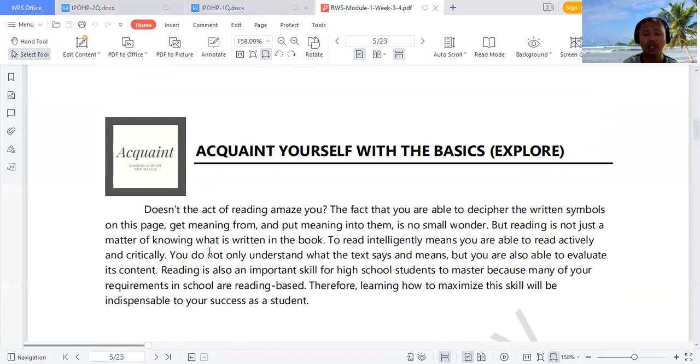You do not only understand what the text says and means, but you are also able to evaluate its content. Reading is also an important skill for high school students to master, because many of your requirements in school are reading based. Therefore, learning how to maximize these skills will be indispensable to your success as a student.